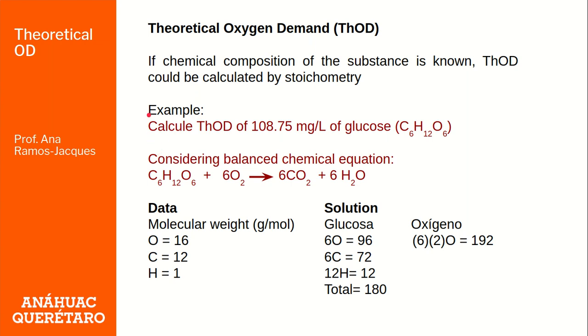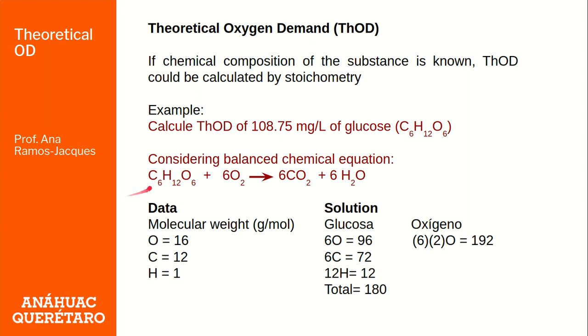So the third example is we calculate the theoretical oxygen demand of 108.75 milligrams per liter of glucose, and then we consider the chemical balance equation. So what we know is that we have a compound and it's going to be oxidized in the presence of oxygen.